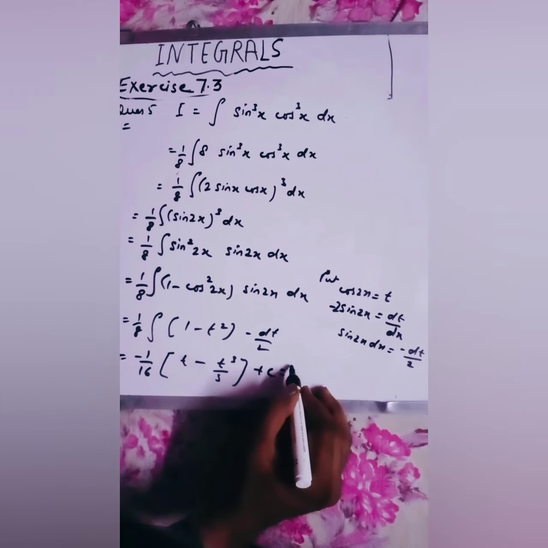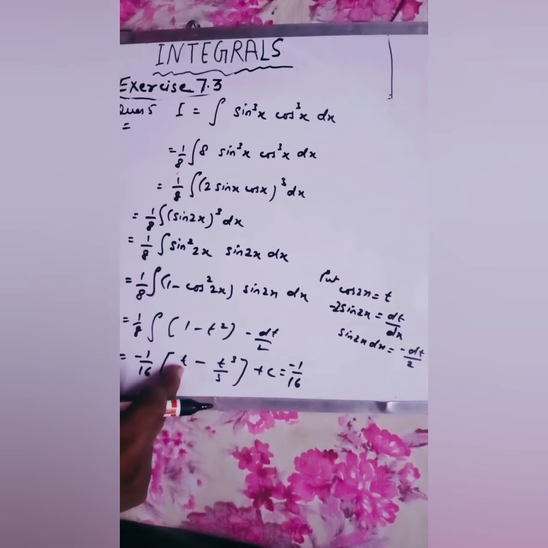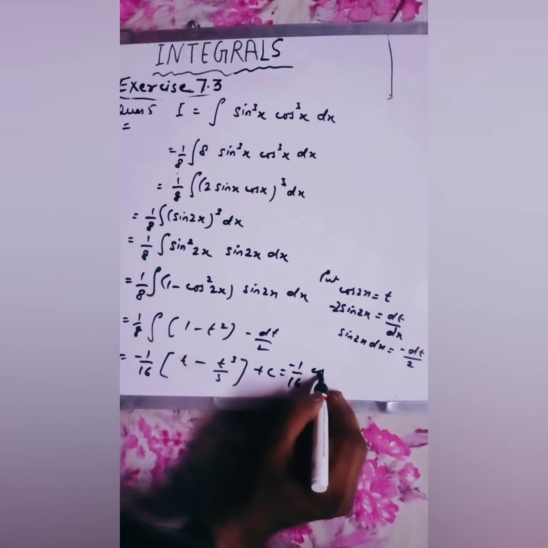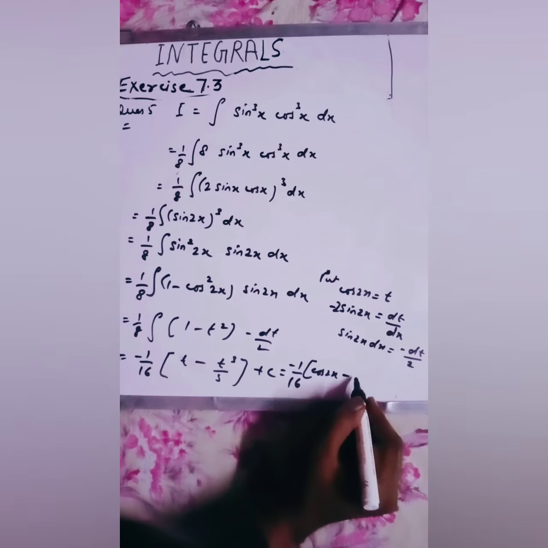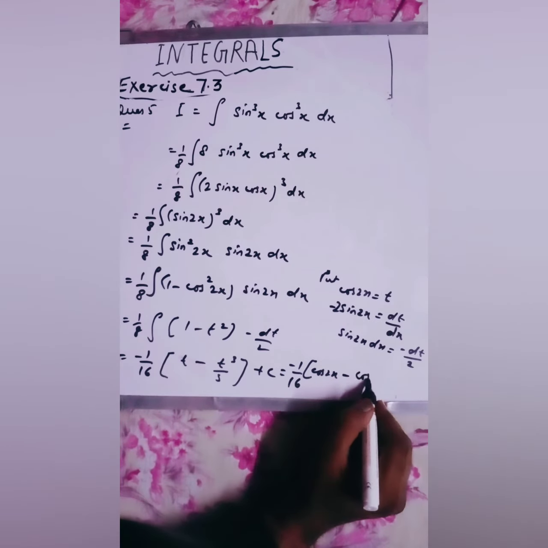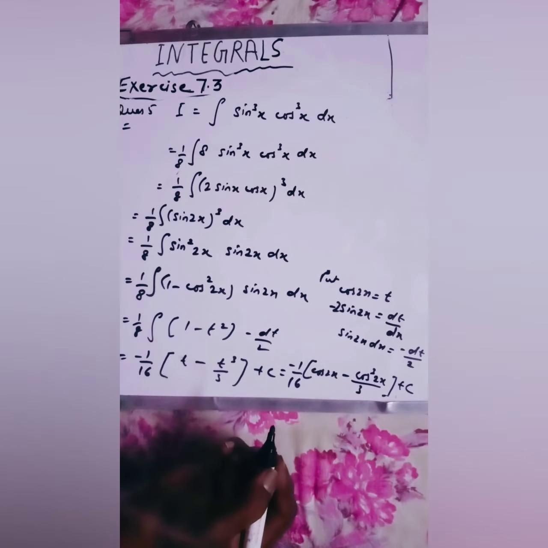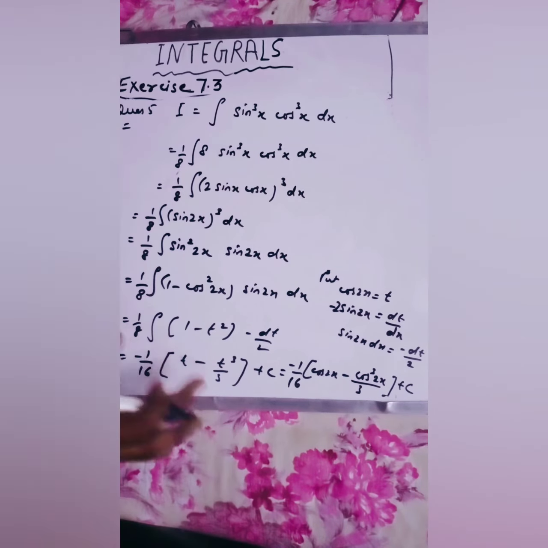That equals minus 1 by 16, and we have to put the value of t here. Your t is cos 2x, so minus cos cube 2x upon 3 plus c. Okay, so this is how you can solve question number 5. So practice it.